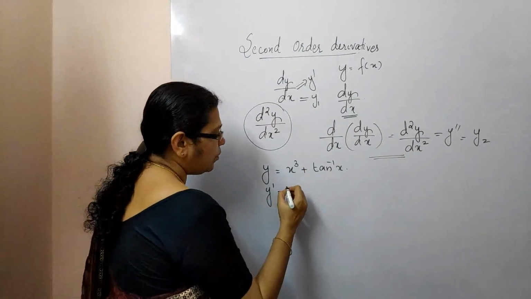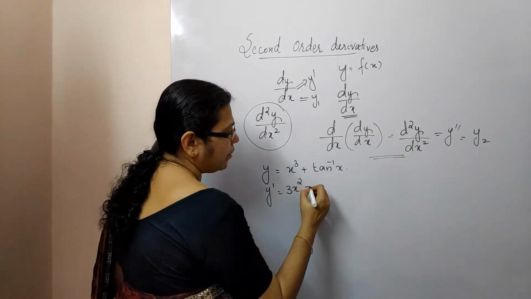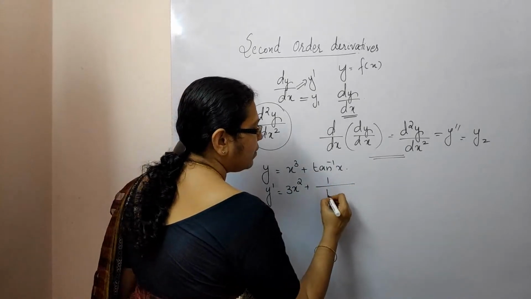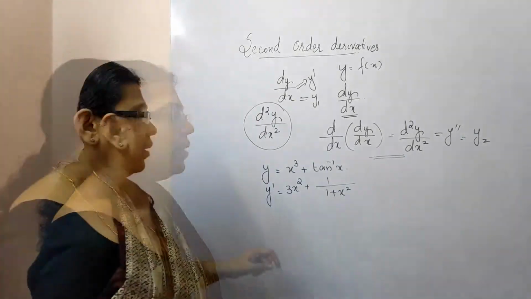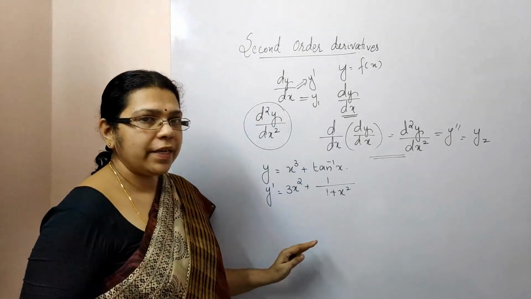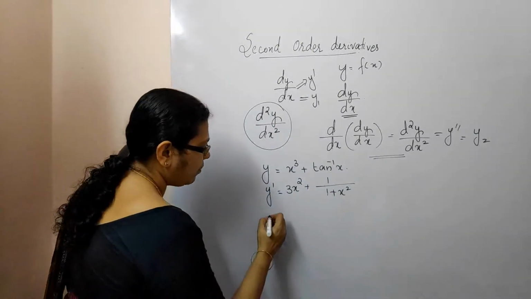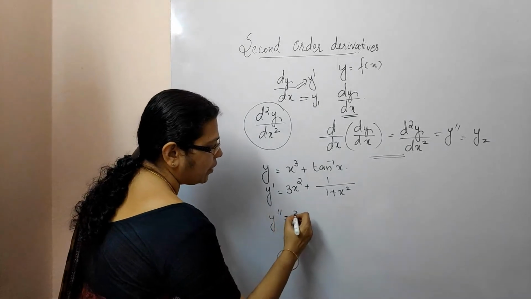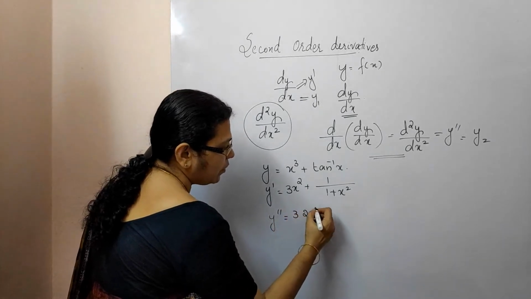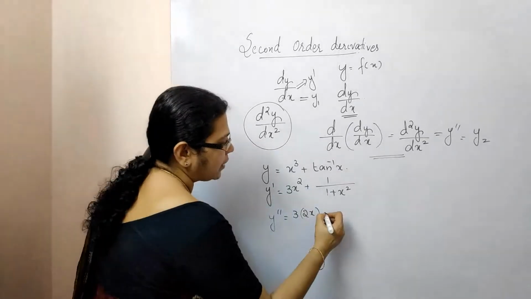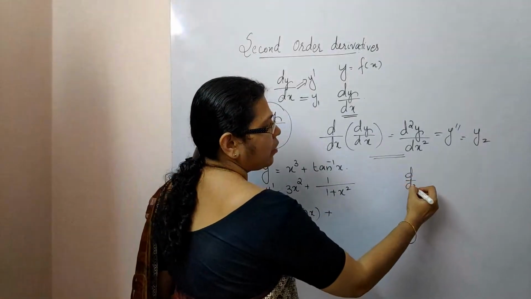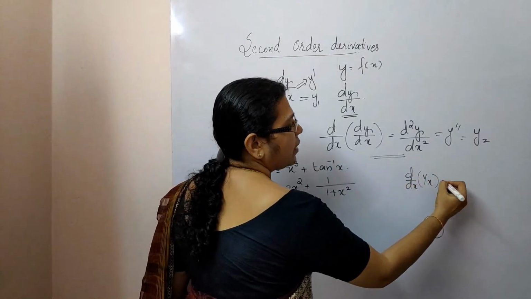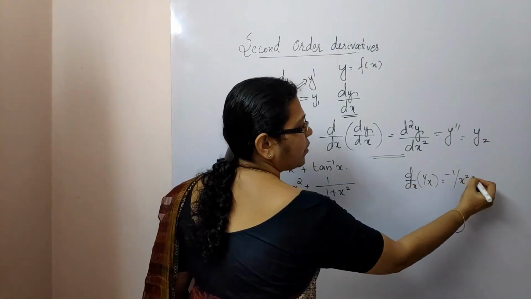So, x cube derivative is 3x square, plus tan inverse of x derivative is 1 by 1 plus x square. Isn't it? So now what we are going to find is the second order derivative, given by y2 dash, is equal to 3 into 2x, x square derivative 2x, plus what is the derivative of 1 by x? Minus 1 by x square, right?